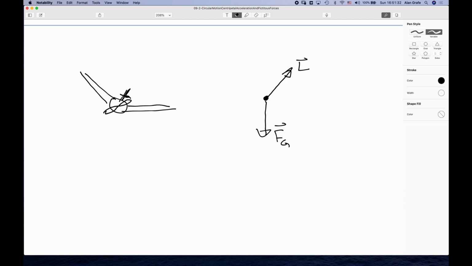This leads to a condition that pilots call a skid, which is uncoordinated flight. And if that skid gets out of control, things can get really bad. So they apply a little bit of rudder just to keep things pointing the right way. Okay.